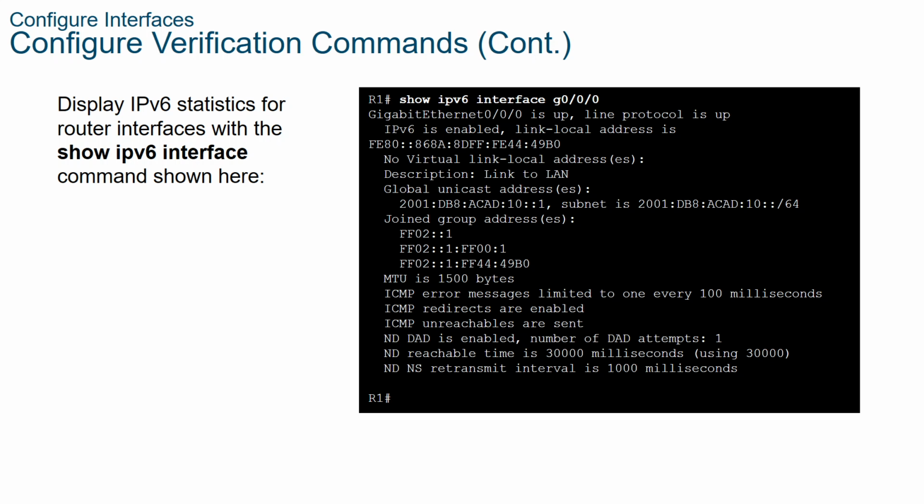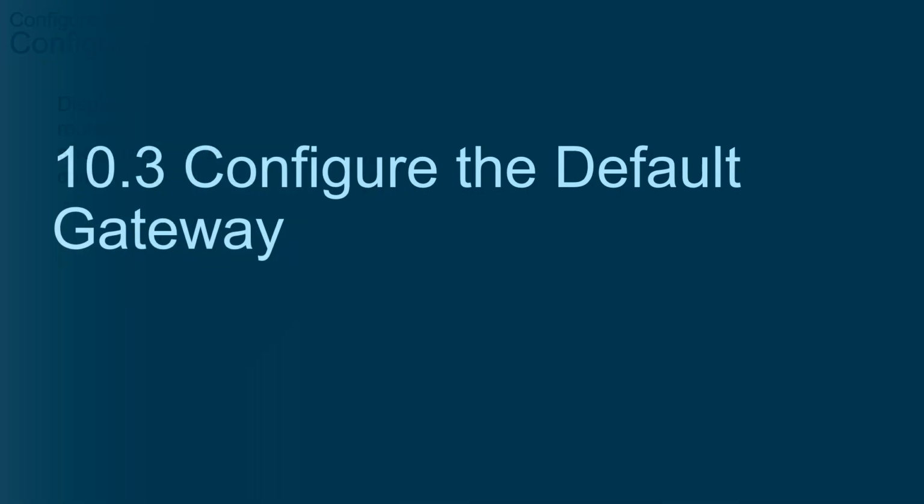We can also see the global unicast address of 2001:DB8. We can see some of the multicast groups that it's joined, which we'll talk about in more detail at another point. And we can see that its maximum transmission unit is 1500 bytes MTU.